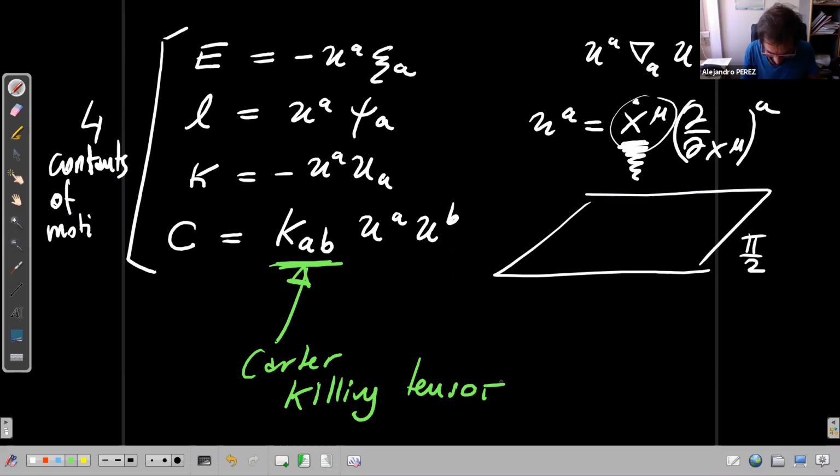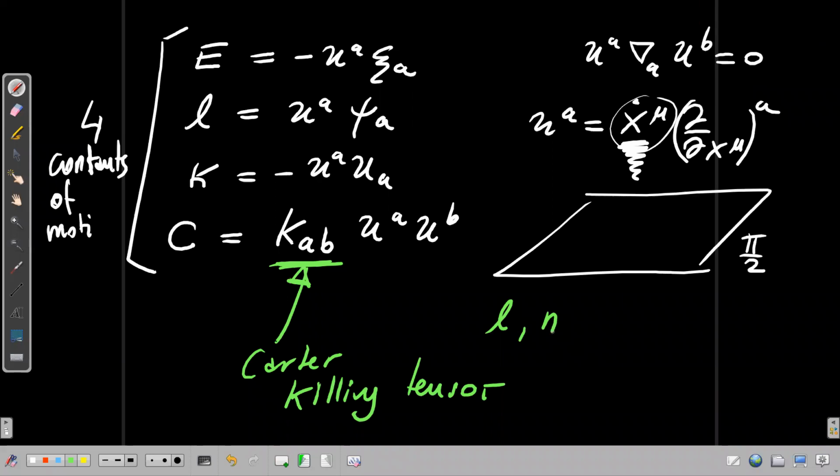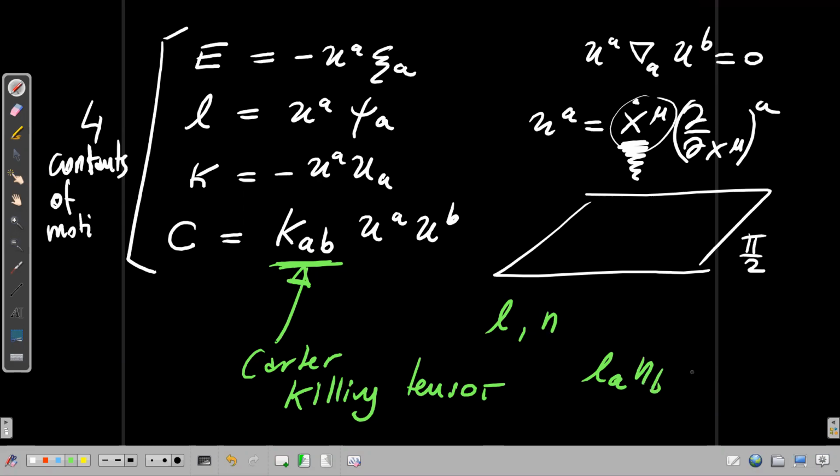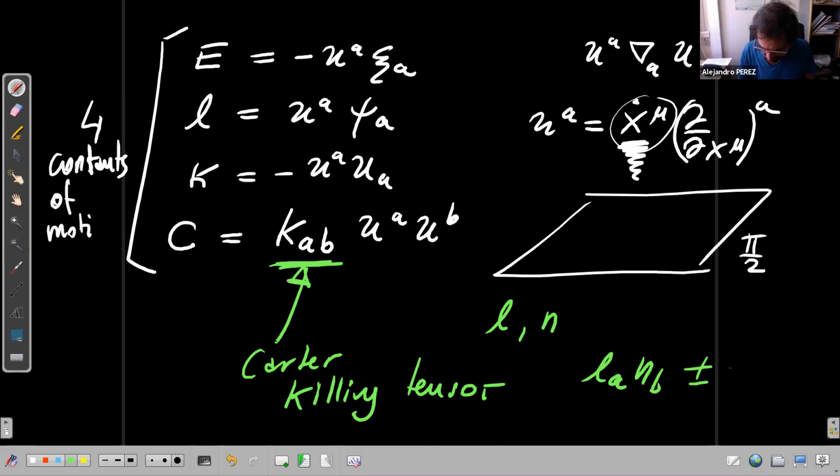I will get it wrong, but it's something like, this is a type D solution, and there are these principal null directions L and N. So this tensor is something like, there is some function, constructed out of L_A and N_B and the metric, plus or minus R squared g_AB, something like that, and there is something multiplying this. I believe this is okay.